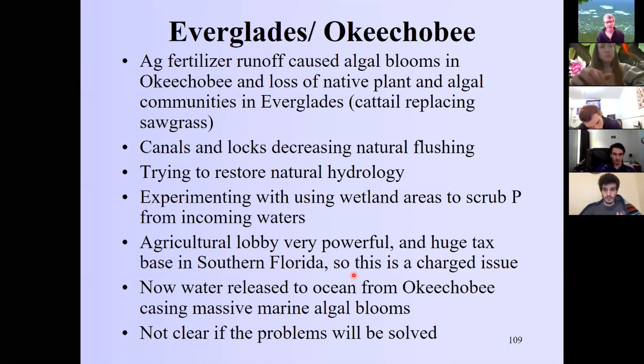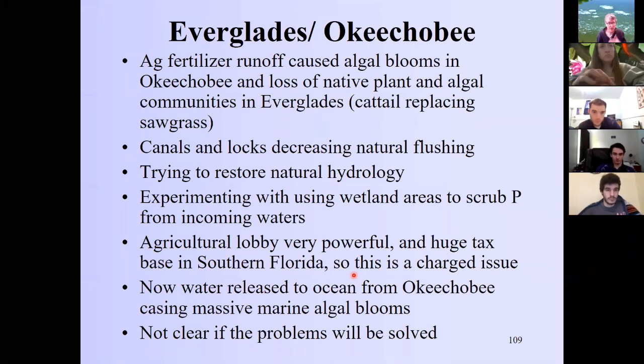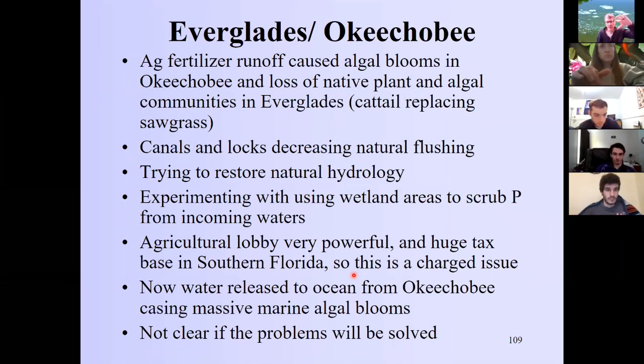So they have agriculture to the north, and then north of the Everglades and around Lake Okeechobee. And then as the water flows down, it goes through these large treatment wetlands, and then leaves those. The clean water then can be shunted into the Everglades to keep it in its natural system.